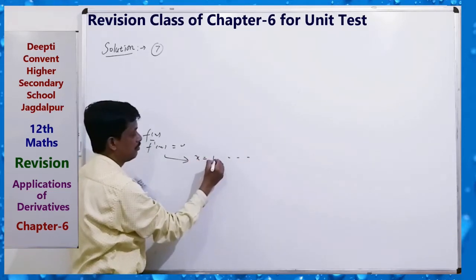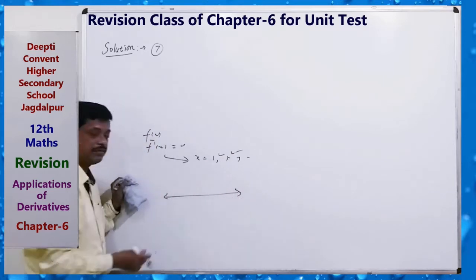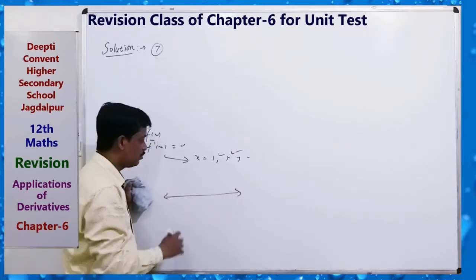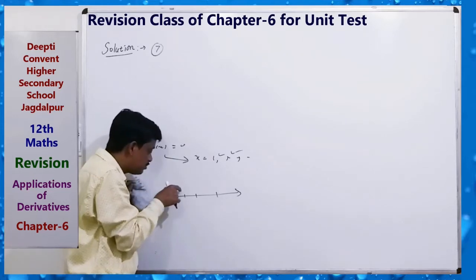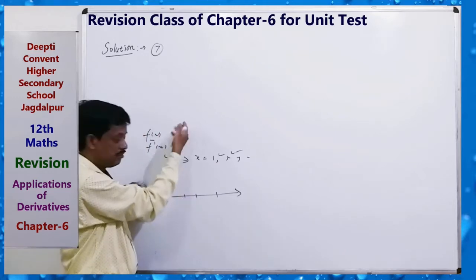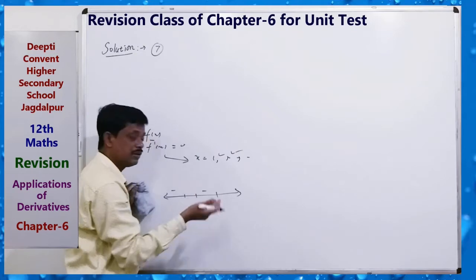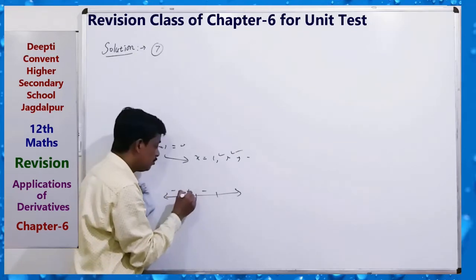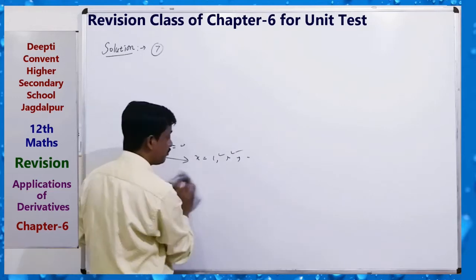Then for the given range, identify the sign of the derivative in each portion. If the sign of the derivative is negative, then the function is decreasing. If positive, then increasing.